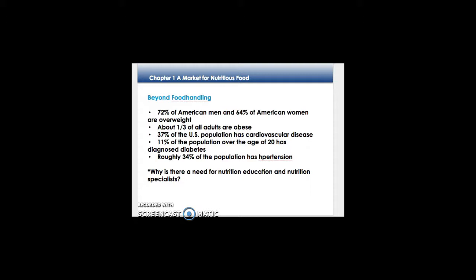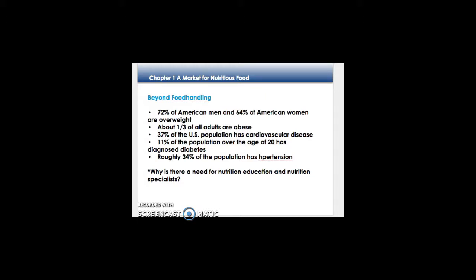When we do our labs, we're looking at making things for people that's not you. So we're not making nutritious foods for your family. We're looking at how you as a restaurant or food service worker can have a better menu to be more healthy and more nutritious for your customers. So we're going to look beyond food handling.